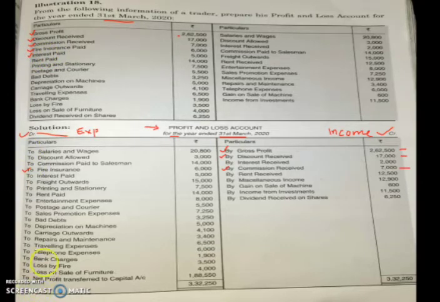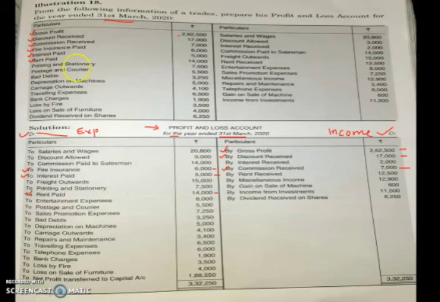So can you find interest paid in this column? Yes, to interest paid. How much is the amount? 5,000 that we have recorded. Moving to the next item, again paid, rent paid. So the rent paid of 14,000 will be shown as to rent paid 14,000.